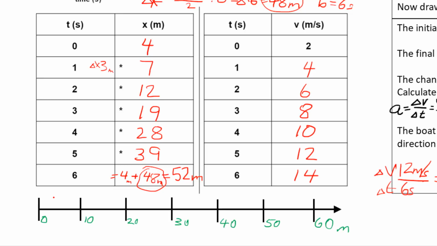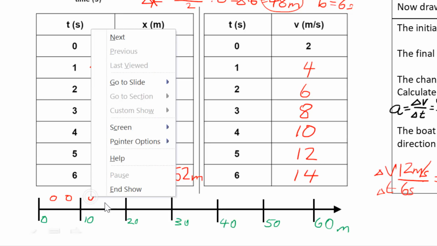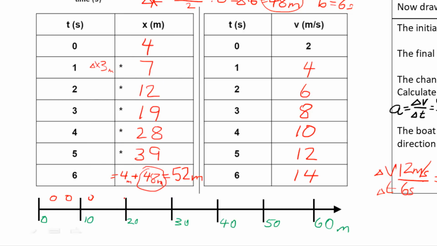At a time of 0, I'm about 4. At a time of 1, I'm at 7. At a time of 2, where are we? We're at 12. At a time of 3, 19. At a time of 4, 28. At a time of 5, we're at 39. And at a time of 6, we're out at 52.